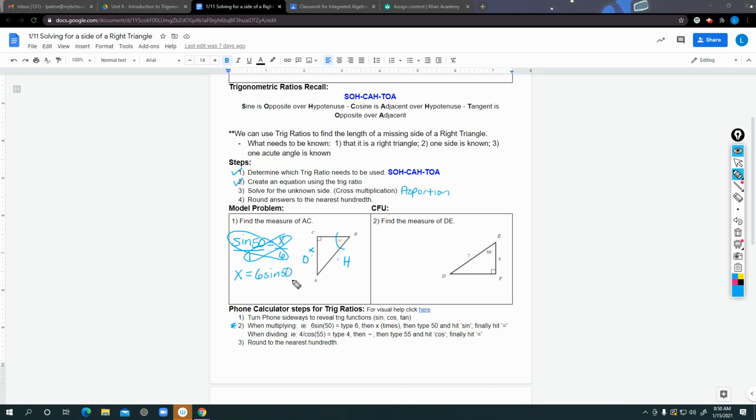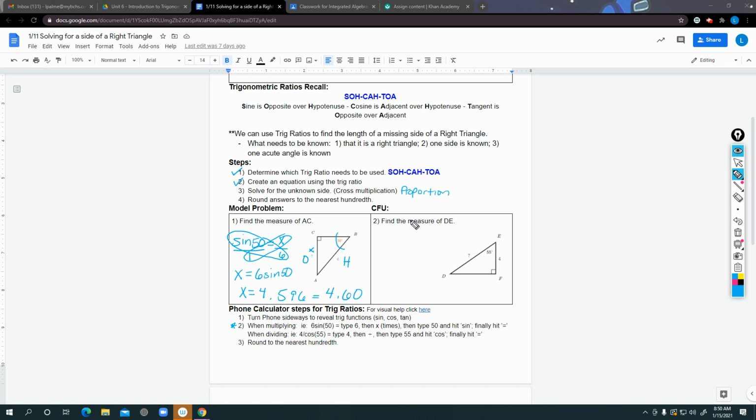You have to type it in a little bit backwards, okay, and then hit the equal sign. And you should get 4.596, and so on. We want to always round to the nearest hundredth. So x is equal to 4.596. Rounding to the nearest hundredth is 4.60. So there is your side.